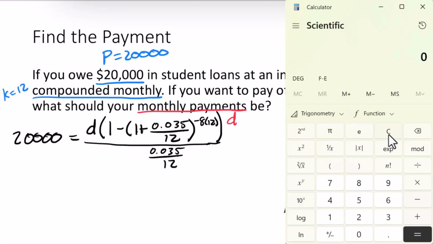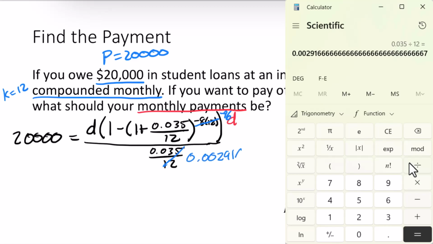So to calculate this out, I'm going to first of all do my mini calculations. So 8 times 12 is 96, which means negative 8 times 12 is negative 96. And then I'm going to do my interest rate calculations. So 0.035 divided by 12, that's going to give me 0.0029166666666.